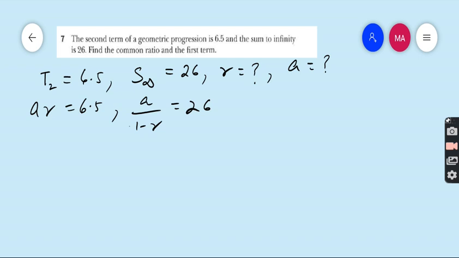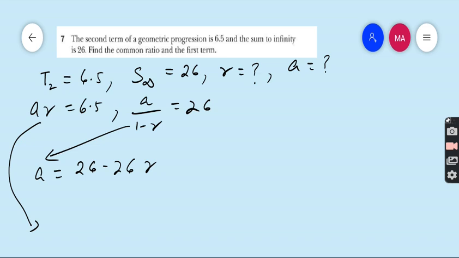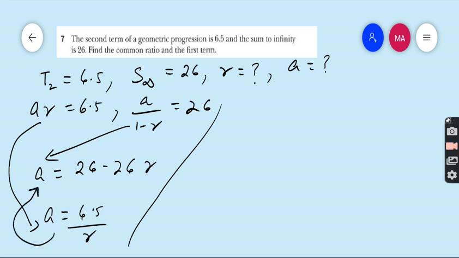So work on this fraction: 1 minus r should be multiplied by 26, so a is 26 minus 26r. Now take ar is 6.5, or you may write a is equal to 6.5 upon r. Put this value of a in this equation.